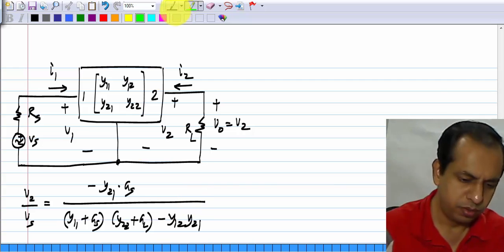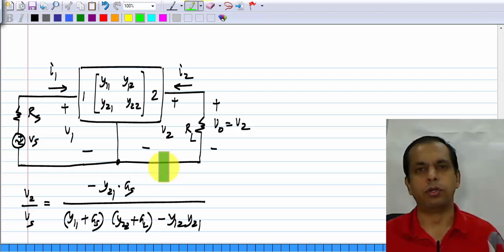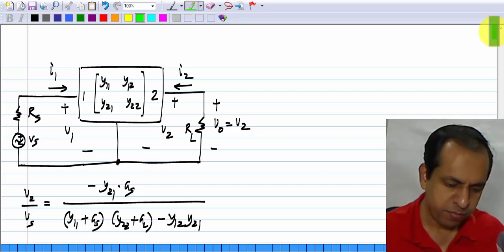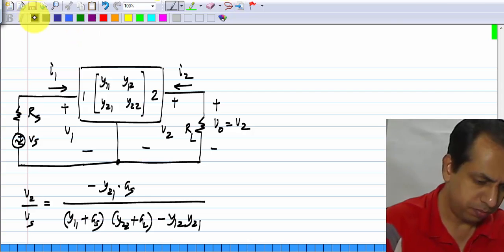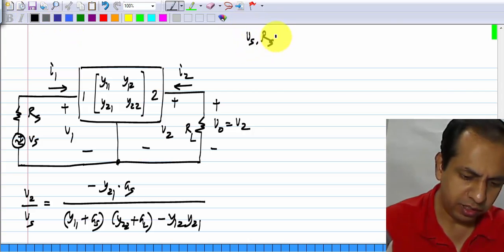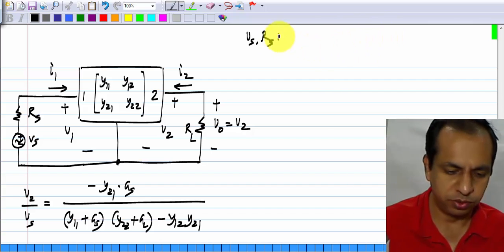So now what we want to do is find out the constraints on Y parameters so that we maximize this gain. Now Vs and Rs, these constitute the signal source.